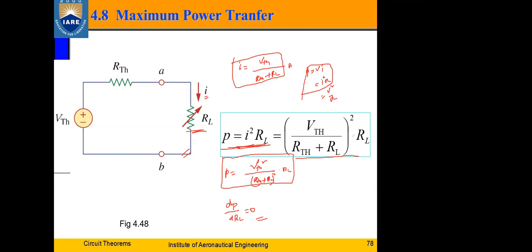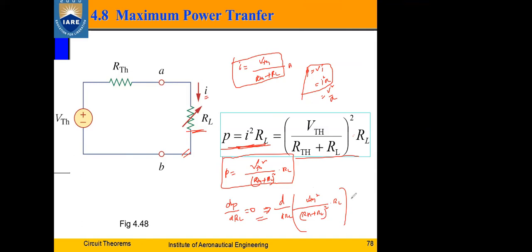What could be the next step? If I do this, what equations are you supposed to use for deriving this? So what will be the equation here after dP by dRL of this? Can I use a single term VTH or shall we use different terms? VTH square by (RTH plus RL) whole square into RL, right?